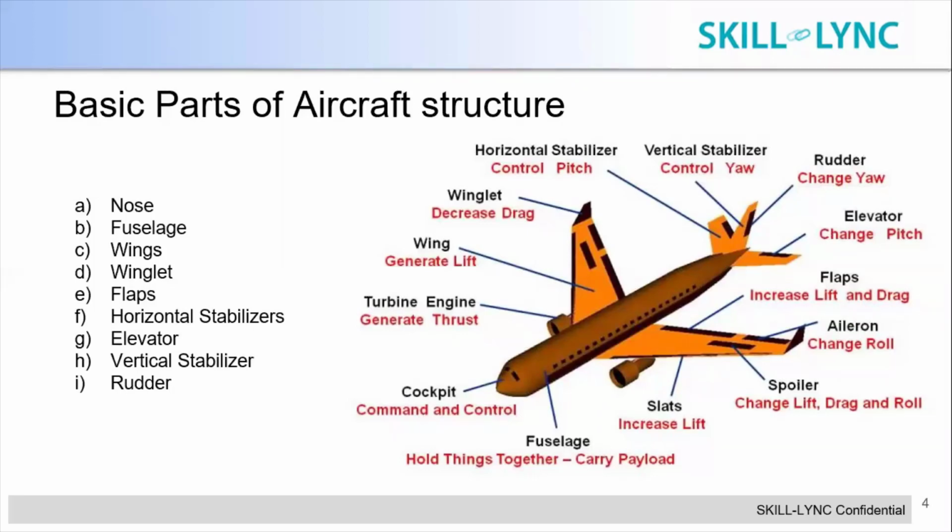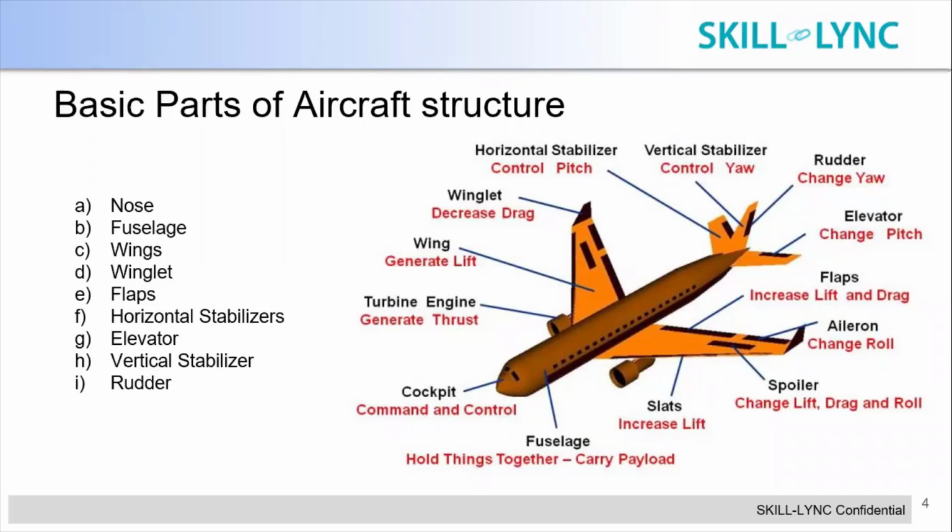Right? The wings, as you know, are the portion of the airplane which come out of the fuselage at an appropriate position as per the aircraft design. These wings help the airplane to fly, as you all know.